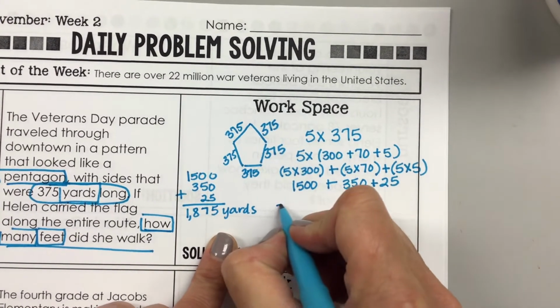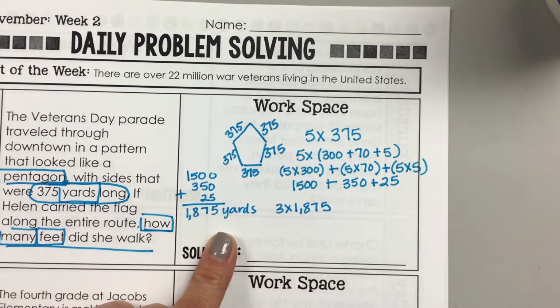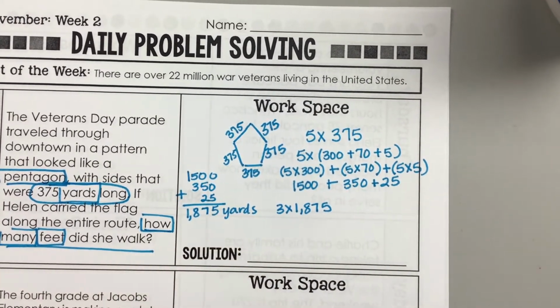Multiply it by 3. So it's 3 times 1,875. And again, we can use the distributive property.